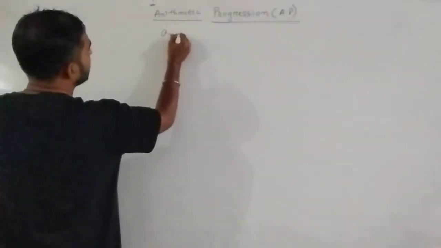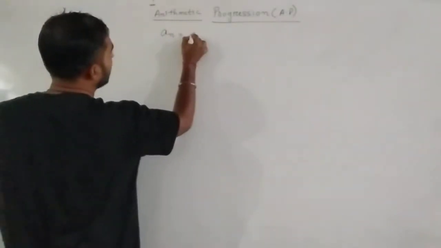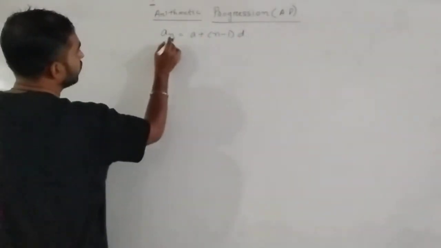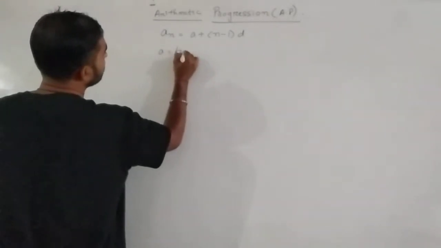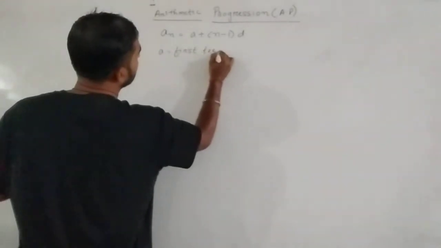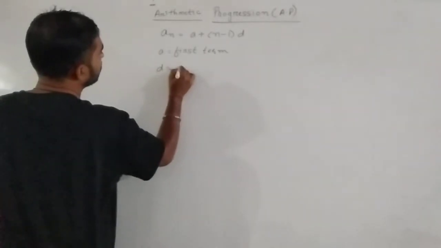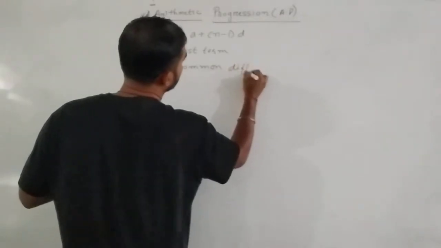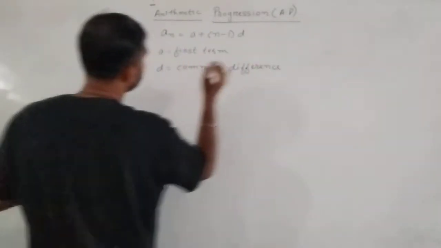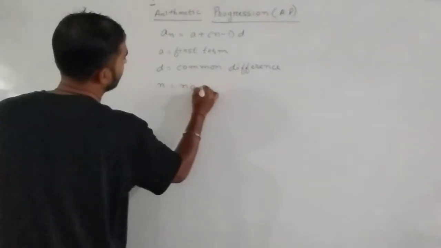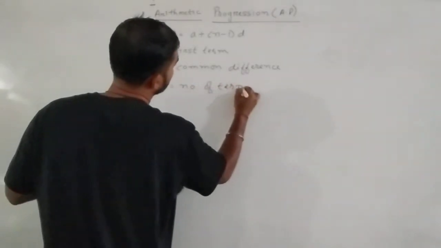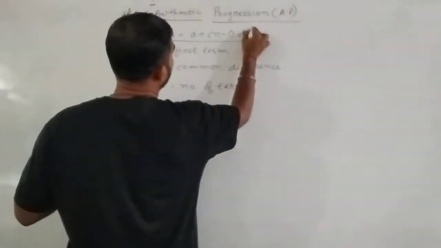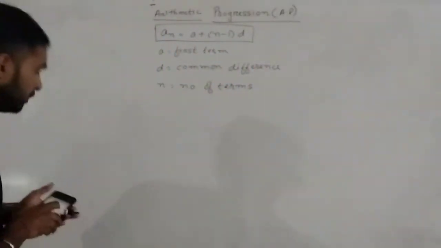The nth term of an AP is found by A plus n minus 1 D, where A equal to first term, D equal to common difference, and n equal to number of terms. This is the formula to find the nth term of a given AP.